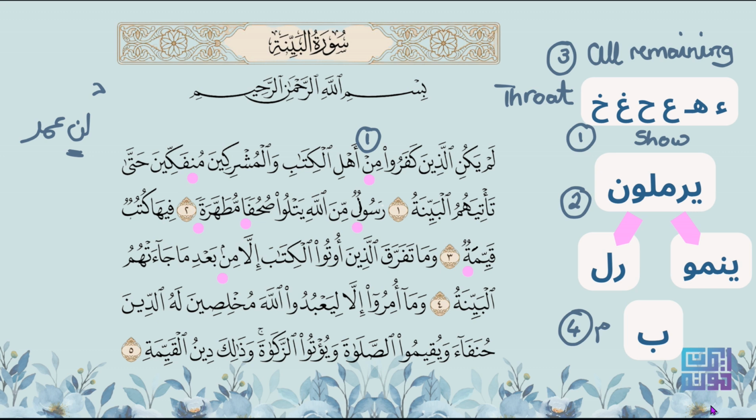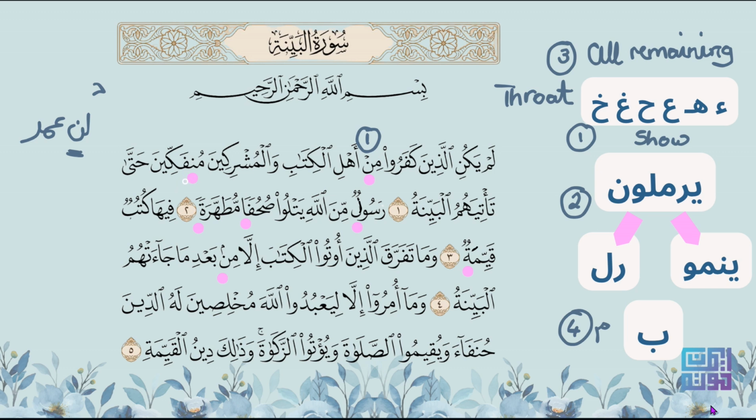So I'm gonna say munfakina. Again, where is the makhraj of the fa? The makhraj is, the exit is, or where do I pronounce the fa from? The upper 2 teeth, I slide them inside the lower lip. So I say F, F. It touches the inside of the lower lip.